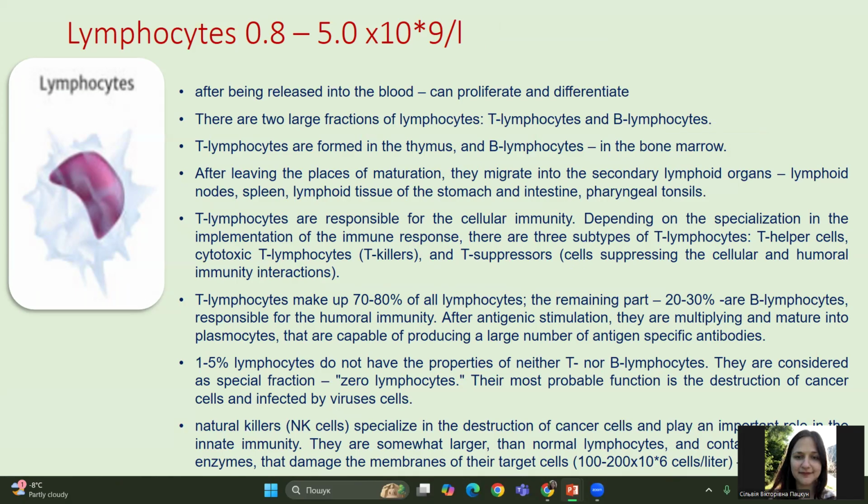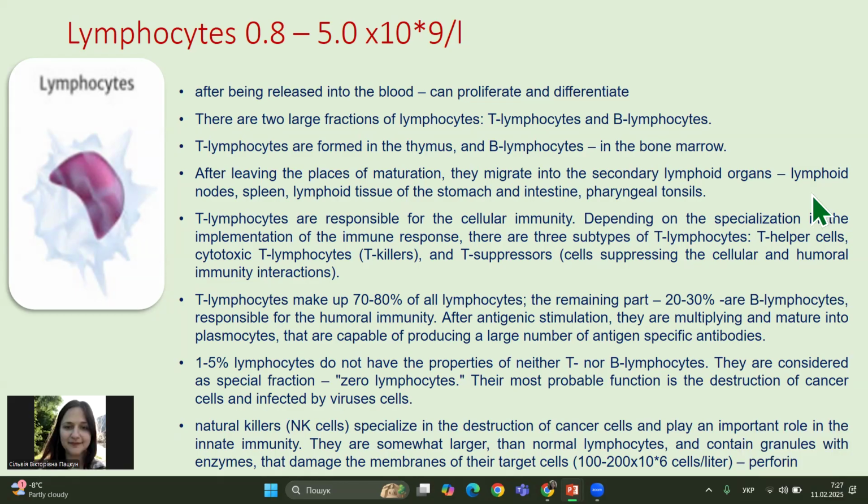They are considered a special fraction, 0 lymphocytes. Their most probable function is destruction of cancer cells and virus-infected cells. Natural killers specialize in the destruction of cancer cells and play an important role in innate immunity. They are somewhat larger than normal lymphocytes and contain granules with an enzyme called perforin that damages membranes of the target cells.